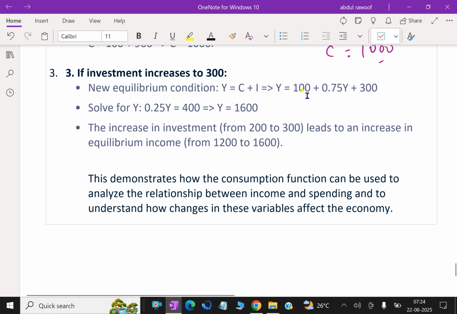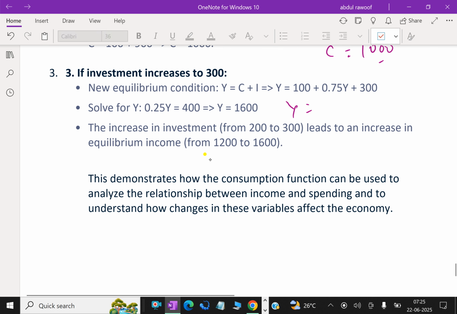Then by simplification, Y equals 400 divided by 0.25, which means 400 times 4 equals 1600.